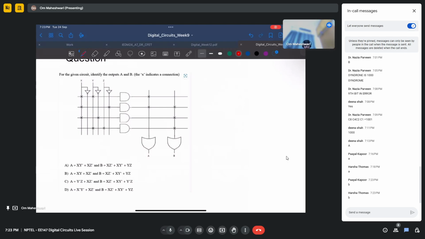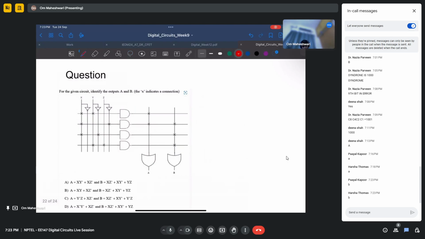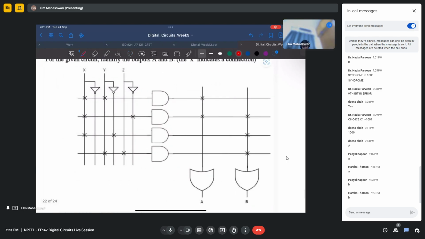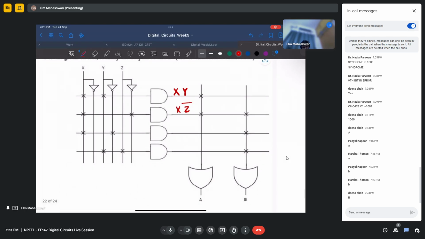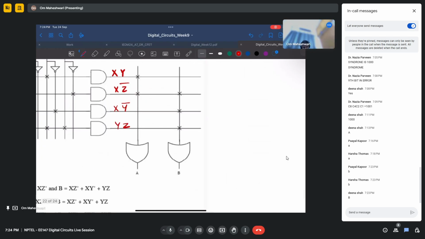Okay, so let us see this. This one is simple. Here it is XY. This is XZ bar. This is XY bar, and this is YZ. A is simply XY plus XZ bar.